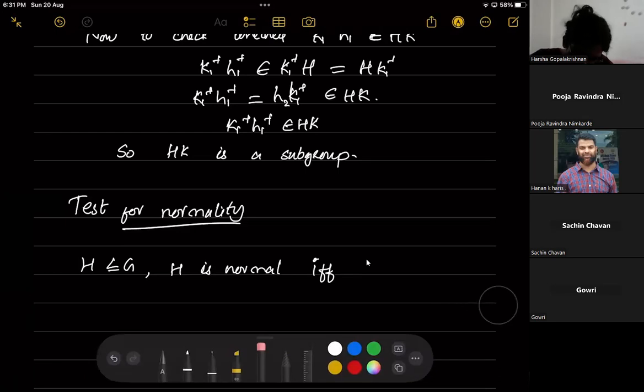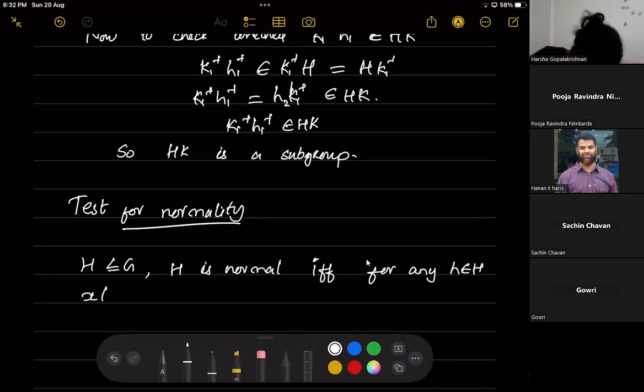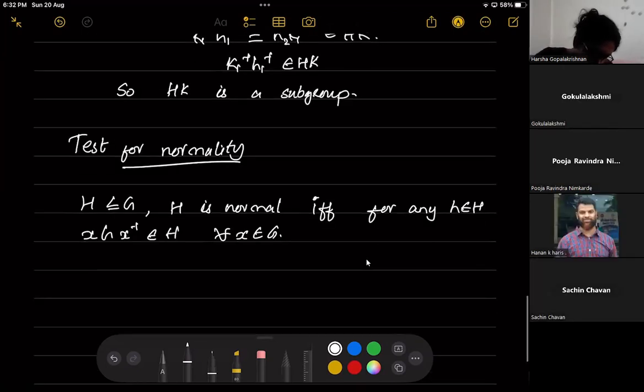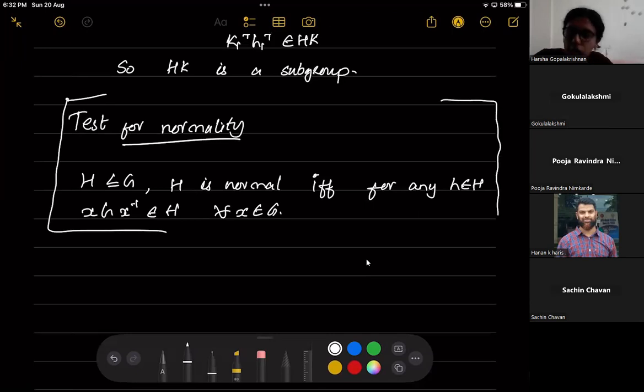So, H is normal if and only if for any h in H, x h x inverse belongs to H. And this should be true for all x in G. This is the test we usually use while doing problems.